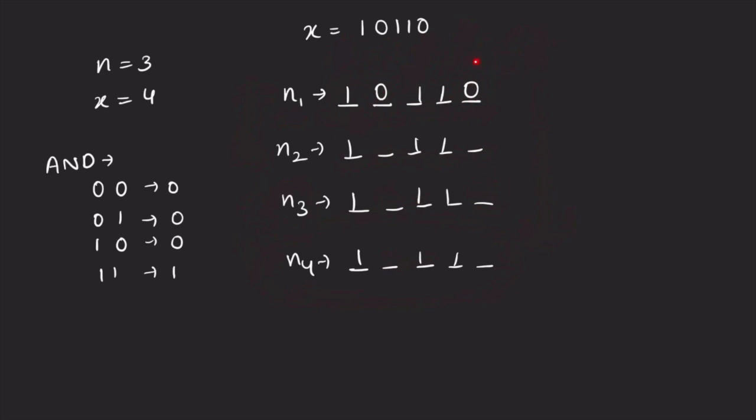So we will change this bit 0 to 1 and keep this as is in our next number. Then in the next number, we can change this 0 to 1. Now for this particular bit, if you keep it 1 here, then there is one more number which would lie between n2 and n3, which you could take. Which is this number, right?